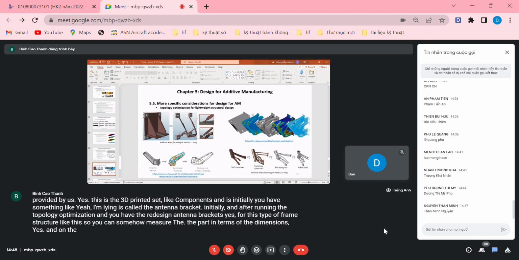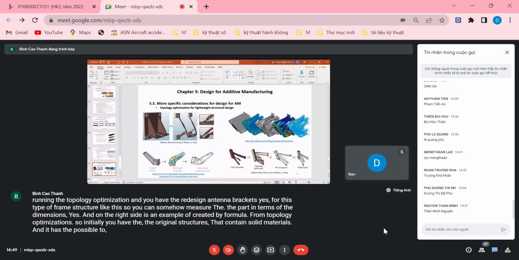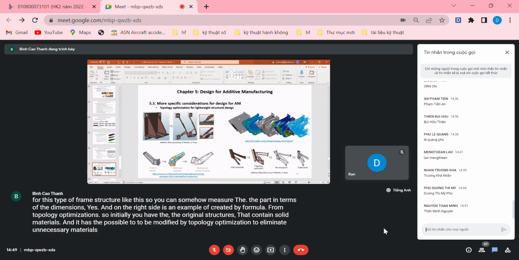And on the right side is an example created by Formlabs for topology optimization. Initially you have the original structure that contains solid material, and it can be modified by topology optimization to eliminate unnecessary material at the low stress areas.